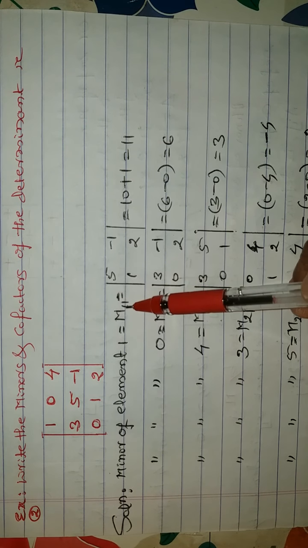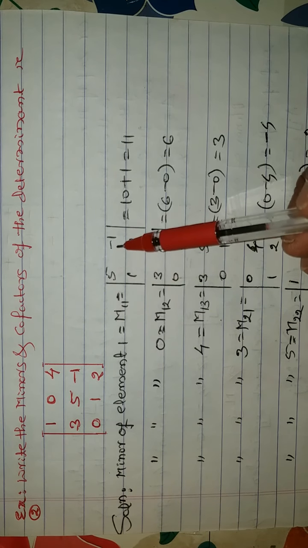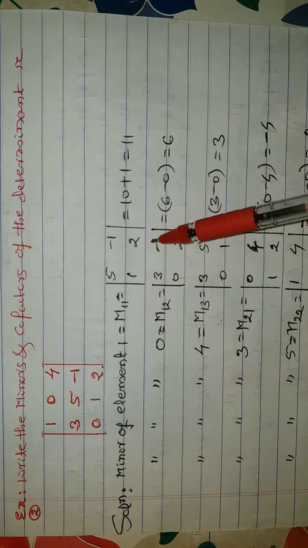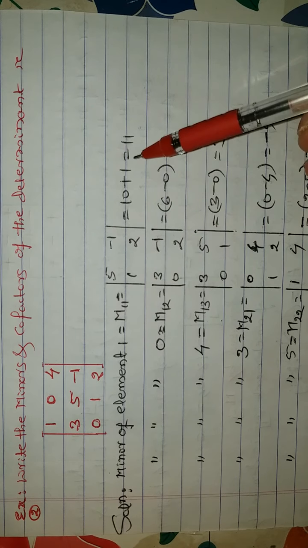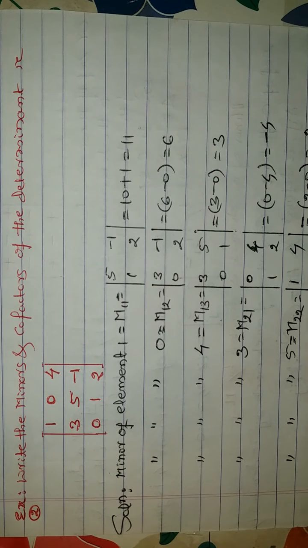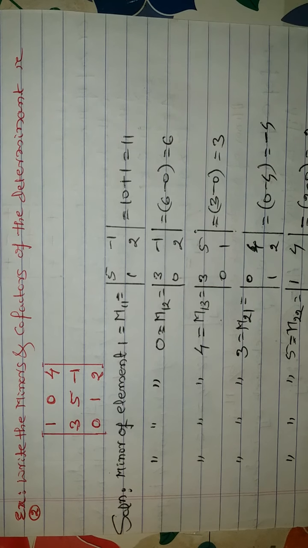Hence, minor of 1, M11, equals 5, minus 1, 1, 2. By cross multiplying, 10 minus of minus 1 plus 1, which gives 11 as the value of this determinant. Minor of the element becomes 11.